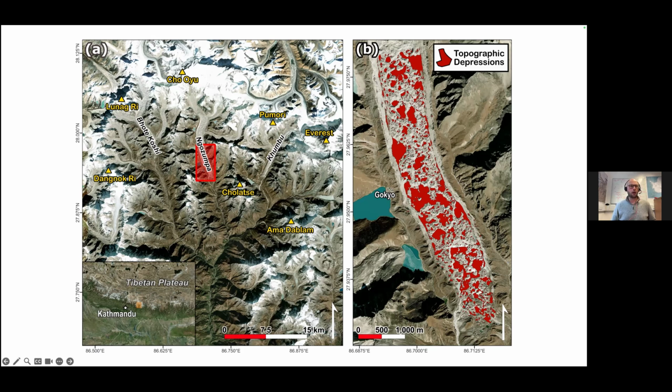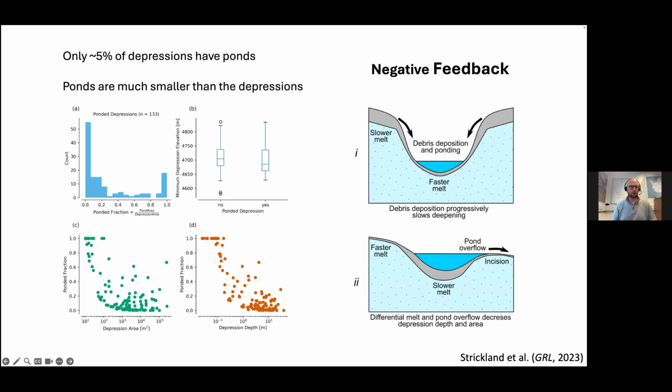And so the surfaces of debris-covered glaciers have thousands of these depressions, but what's kind of interesting is that fewer than 5% actually have ponds. So most of the depressions are dry, which is unusual because ice is essentially impermeable to water.